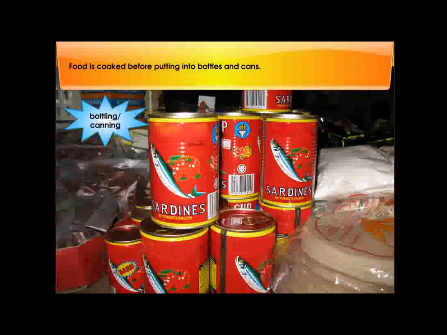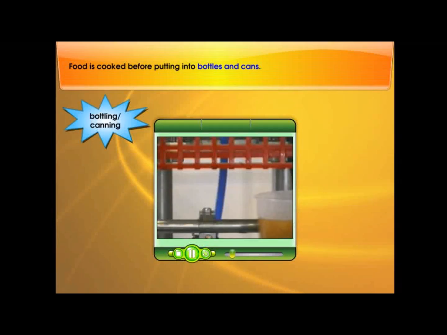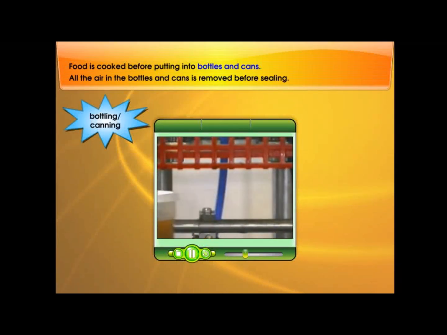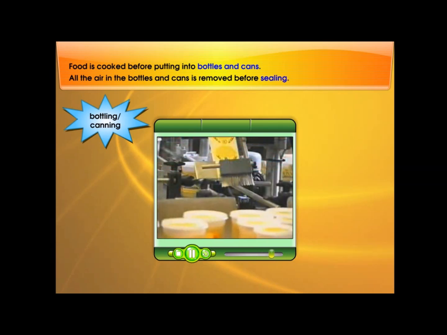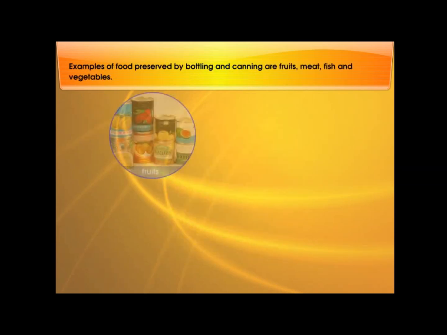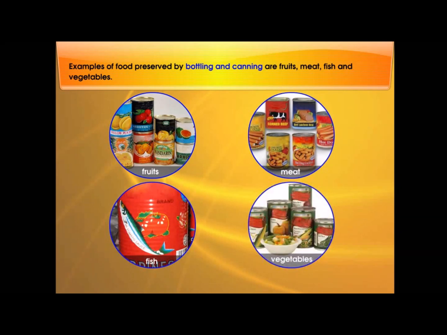Food is cooked before putting into bottles and cans. All the air in the bottles and cans is removed before sealing. Examples of food preserved by bottling and canning are fruits, meat, fish, and vegetables.